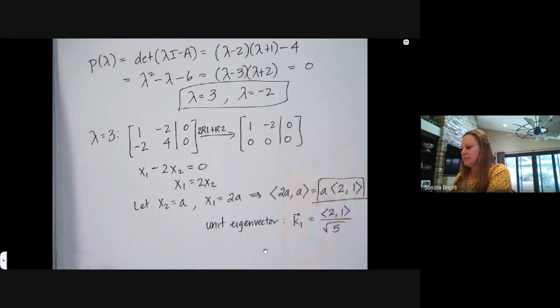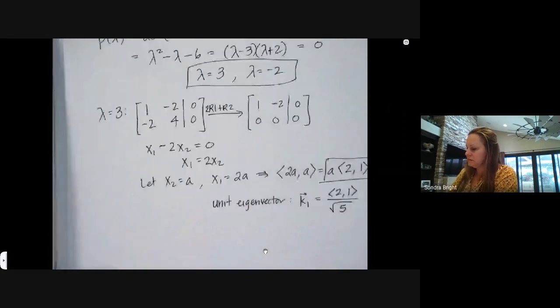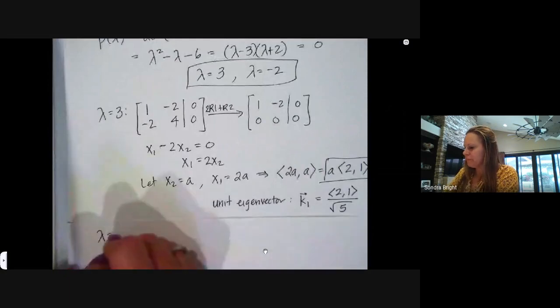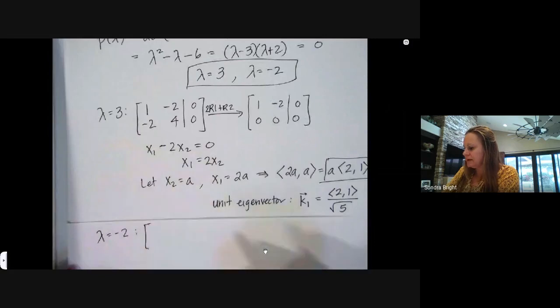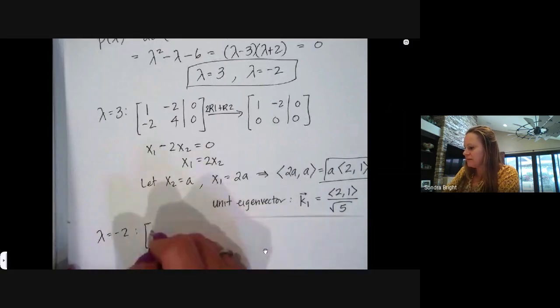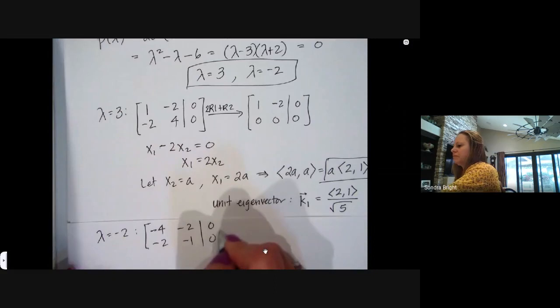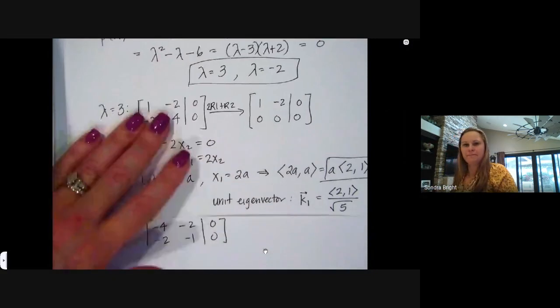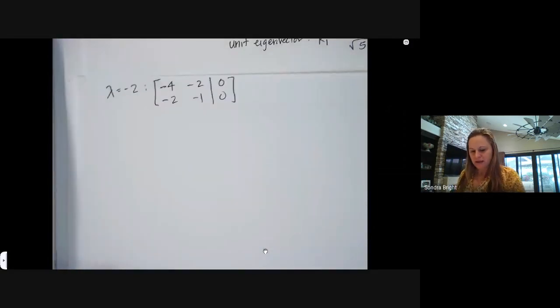We're going to do the same thing and find the eigenvector for when your eigenvalue is negative 2. When lambda is negative 2, I'll have negative 2 minus 2, which is negative 4, and then a negative 2, a negative 2, and then a negative 1.